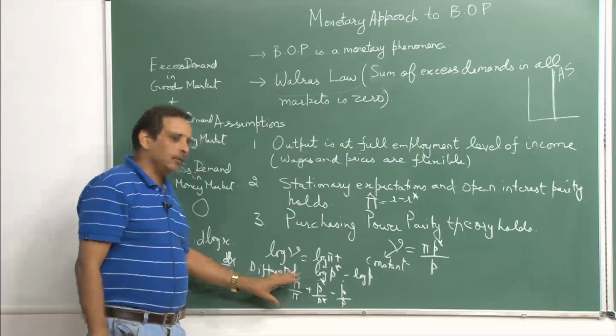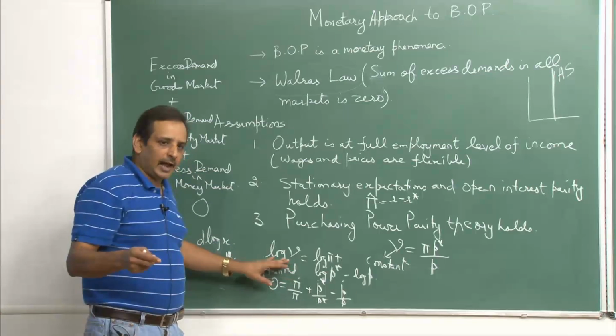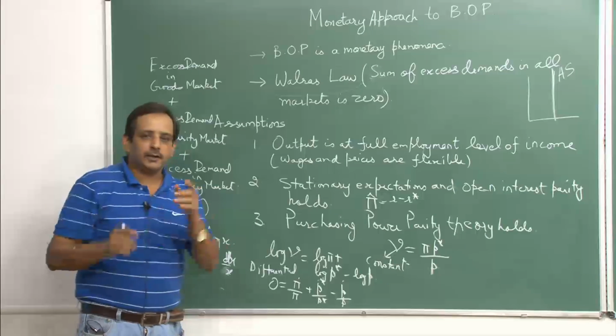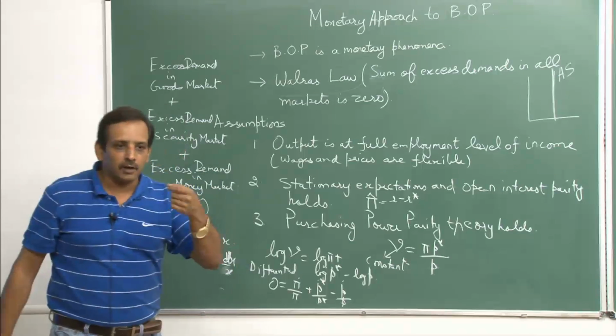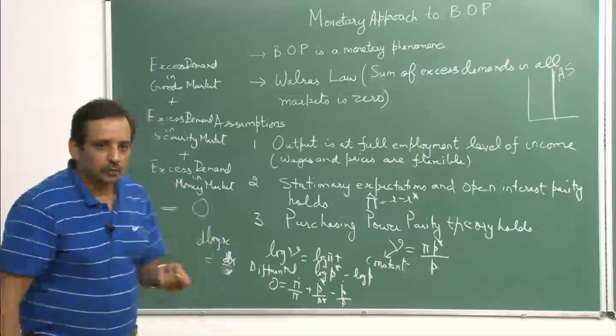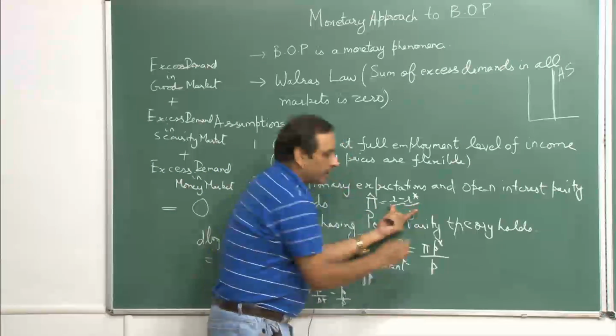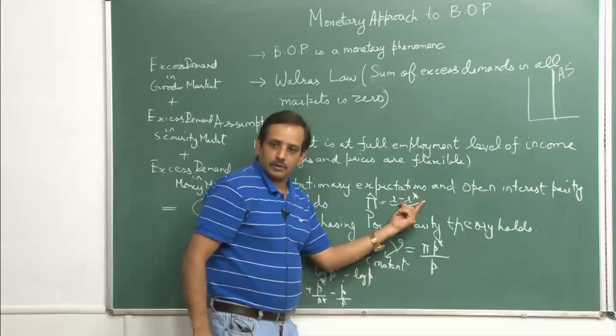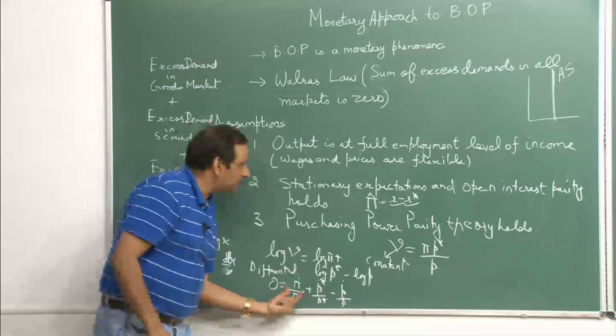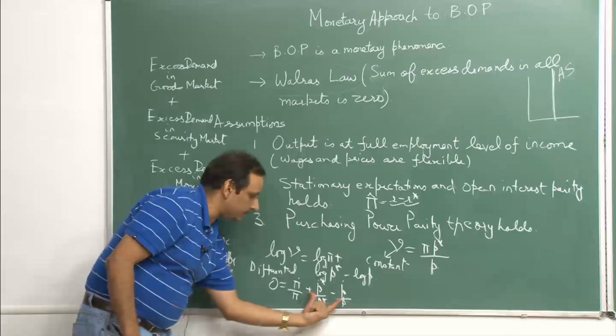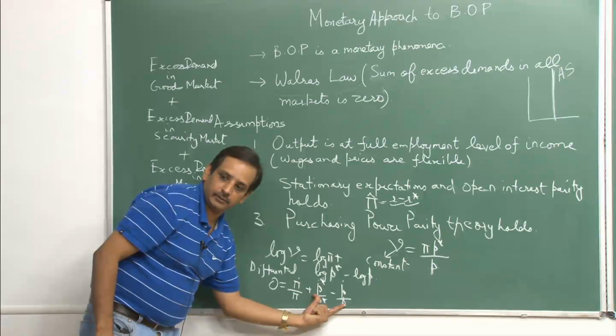I am just adding another point: remember when we said what determines exchange rates. What determines the exchange rate is the differential interest rates. What explains the changes in the exchange rate is the differential inflation levels.